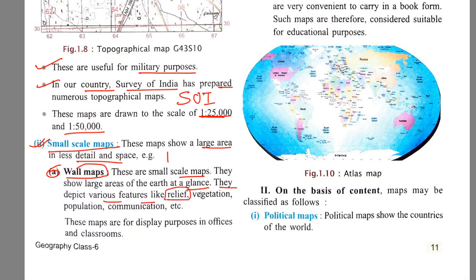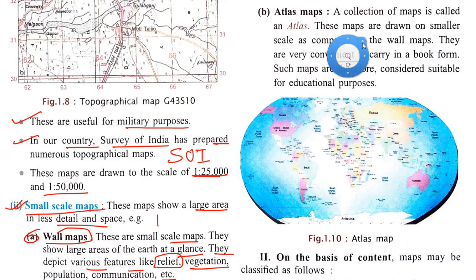These are shown in our wall maps, and these maps are for display purposes in offices and classrooms. We also use this type of wall map in our offices or in classrooms for delivering lectures, etc. Then atlas maps: a collection of maps is called an atlas. These maps are drawn on a smaller scale as compared to the wall maps.